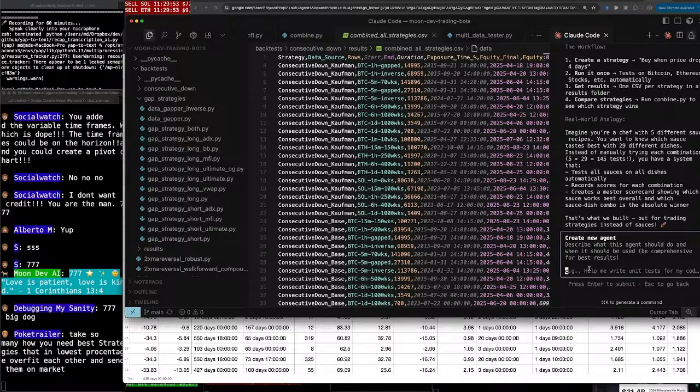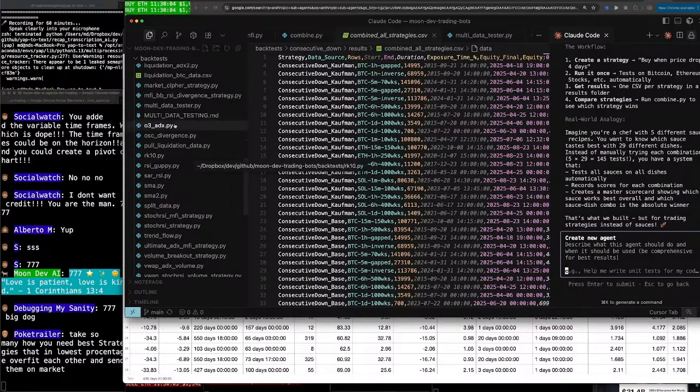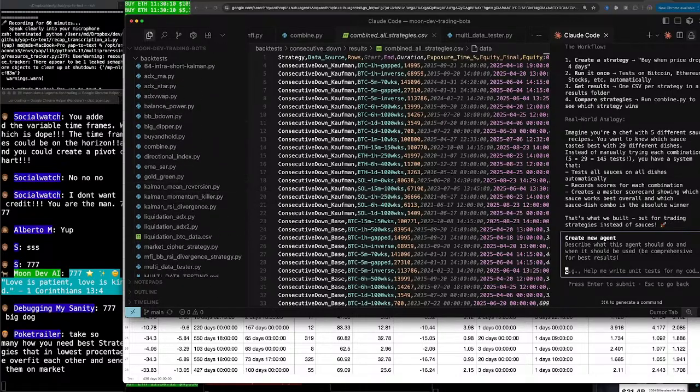Because if we correctly build things from the start for this multi-data testing, every single backtest that I ever create will have 30 plus different data sources that will be testing, timeframes, etc. Okay, you know the job. I've rambled enough. Thank you.